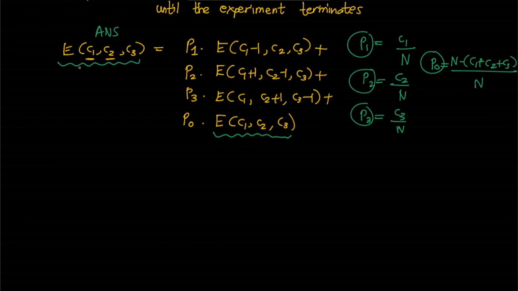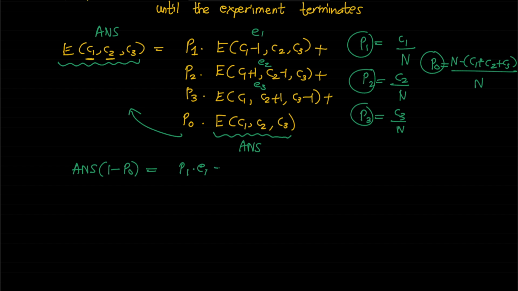Now notice that these two terms are the same, so this is answer. Now simplifying this, we end up by taking this to the left hand side, answer times 1 minus P0, taking the terms to the left hand side. Let's also say that this is E1, E2 and E3 for simplified formula.